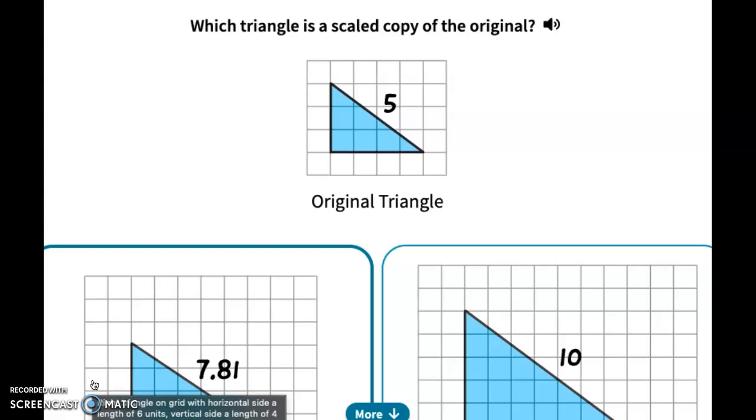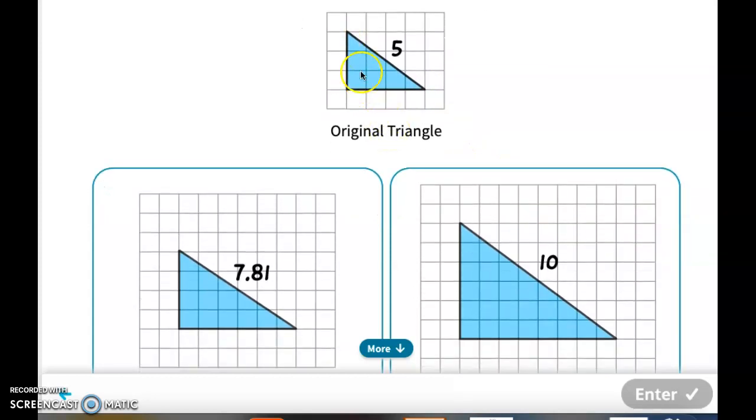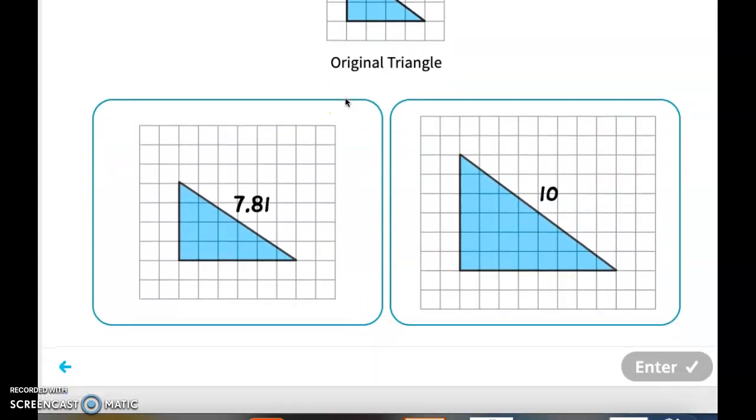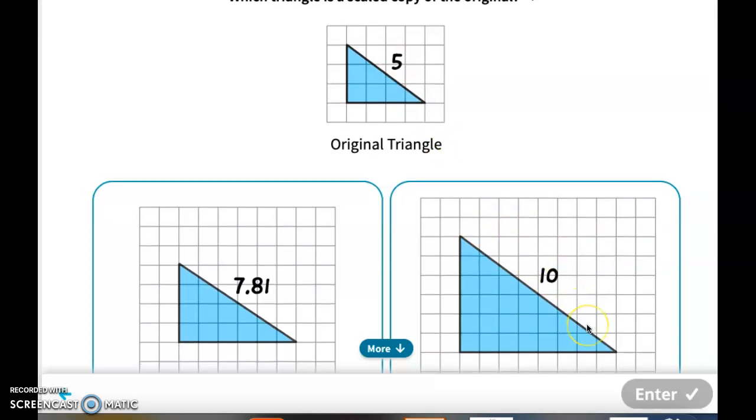All right, warming up our brains, looking at these scaled copies, looking at this triangle right here. It looks like it was 3 wide, 5 that way, and 1, 2, 3, 4 this way. Over here, this one's drawing my attention because it looks like I've multiplied by 2.